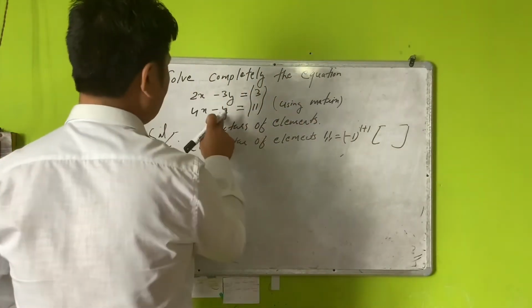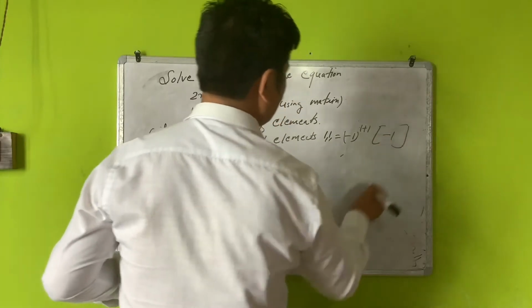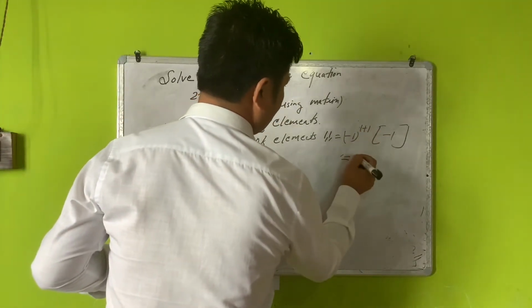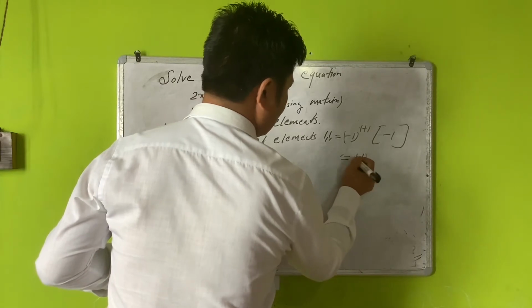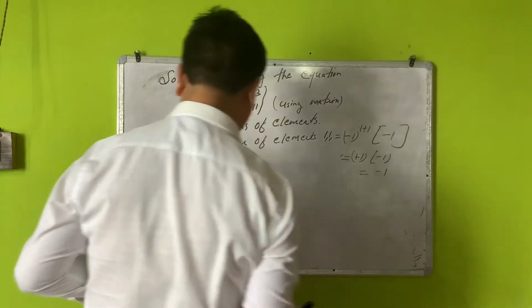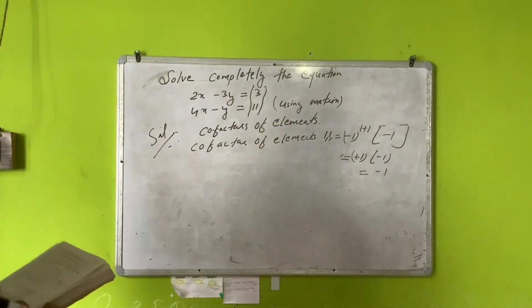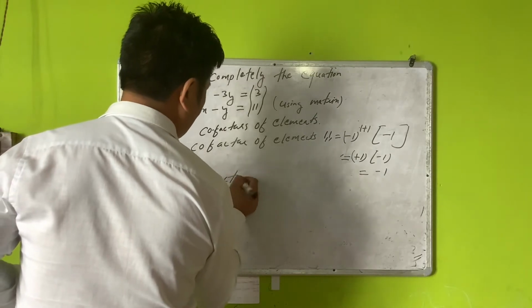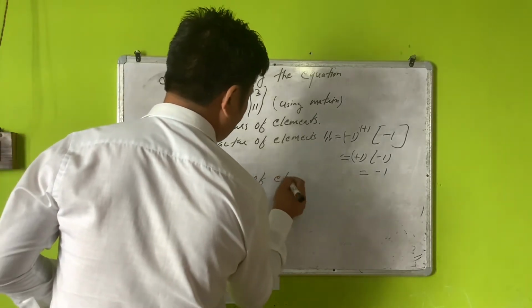So it will be (+1) times the minor, -1, is equal to -1, right? So the cofactor of element 1 1 is -1.